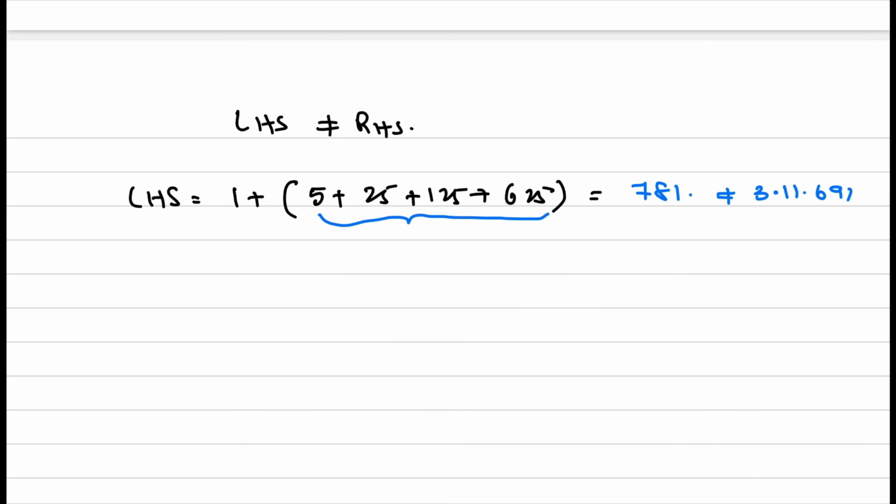Is it possible for a series 1 plus 5, otherwise we can say like this, 5 to the power of 1 plus 5 to the power of 2 plus 5 to the power of 3 plus 5 to the power of 4 plus up to 5 to the power of n minus 1 or 2n minus 2. So we can even say that.